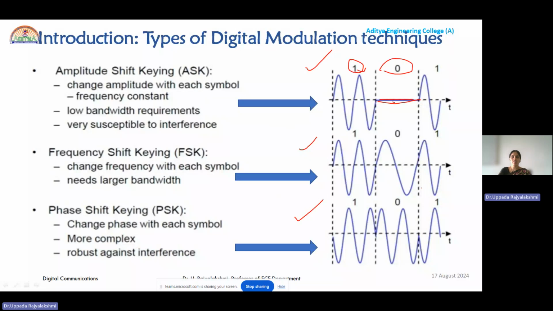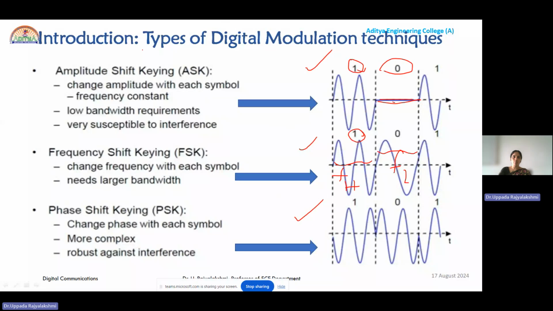And the second type is frequency variation. If the message data bit is 1, then you will have a higher frequency. For the data bit 0, you will have a low frequency. Here, high frequency can be observed by compression over time, and similarly, low frequency can be observed by expansion over time.